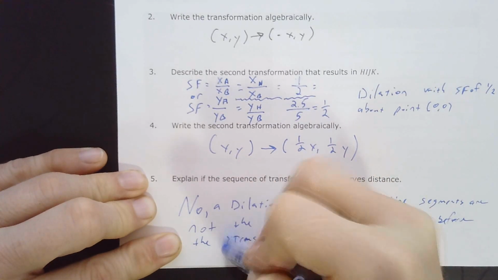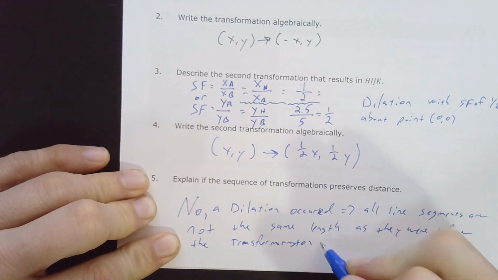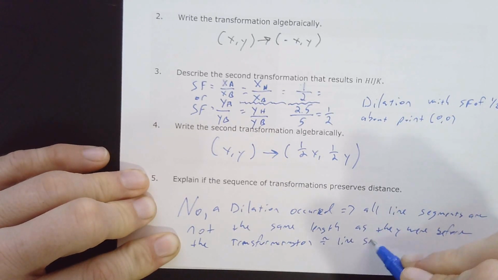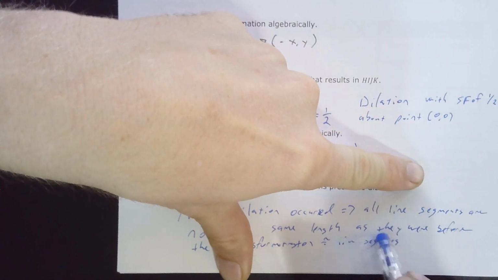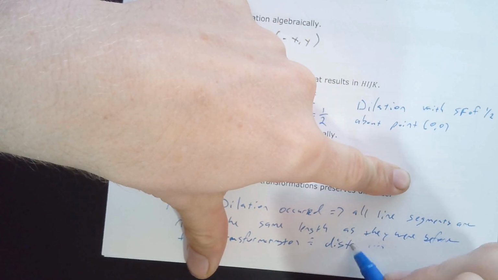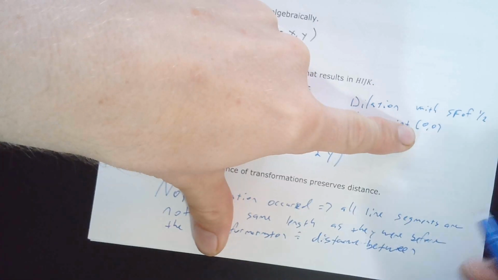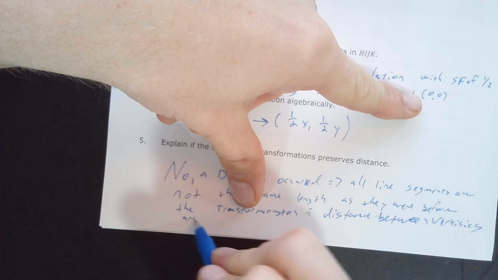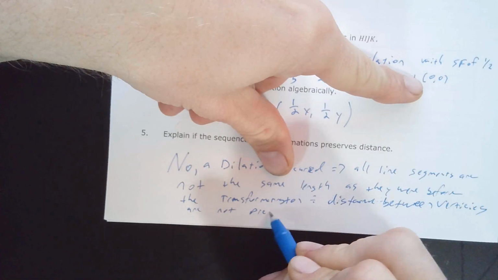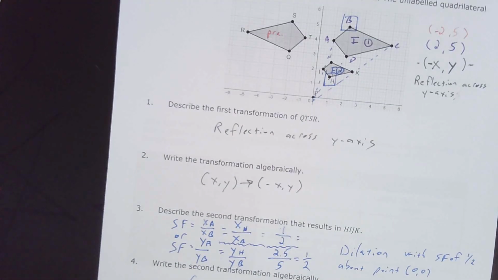I don't know why I put an X there. There we go. Now I'll just say, therefore, distance was not preserved, or distance between vertices are not preserved. There we go. So that's how you do all that stuff.